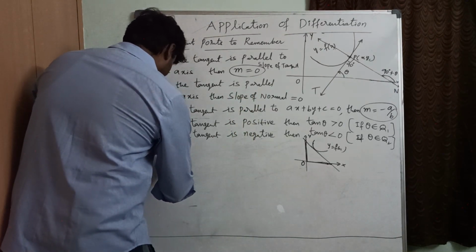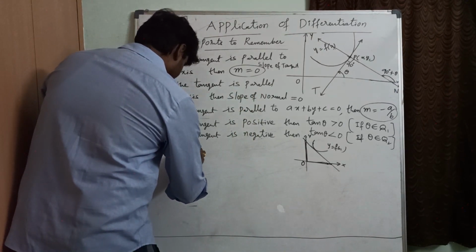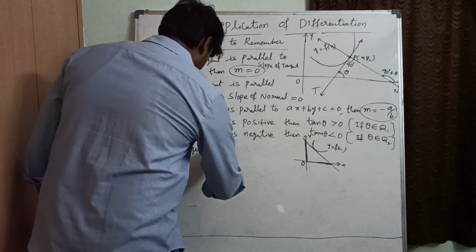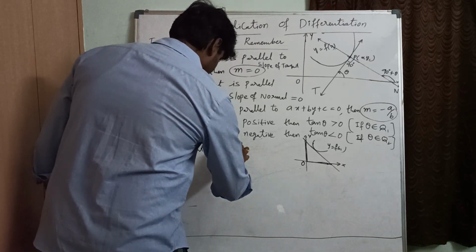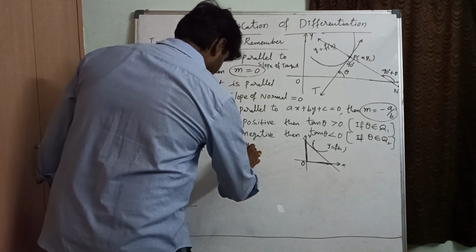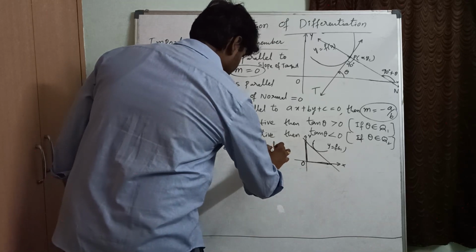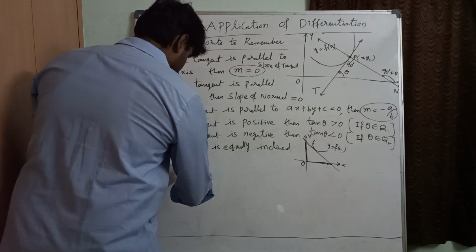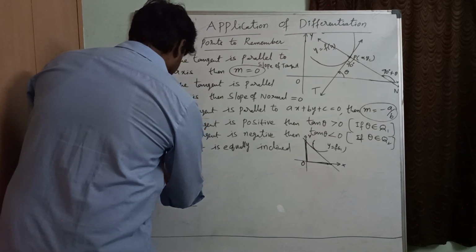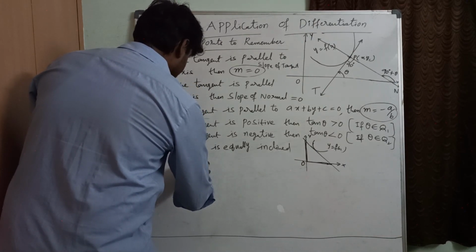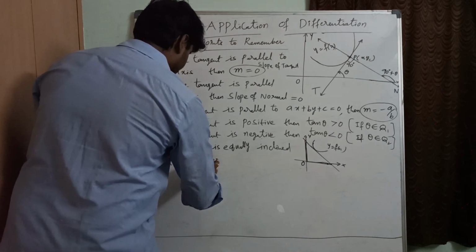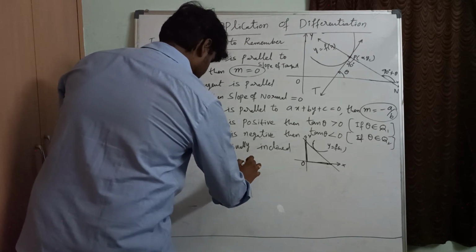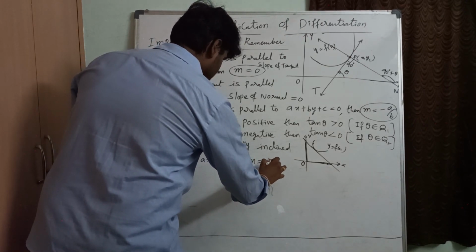If the tangent is equally inclined to both the axes, then m equals plus or minus 1.